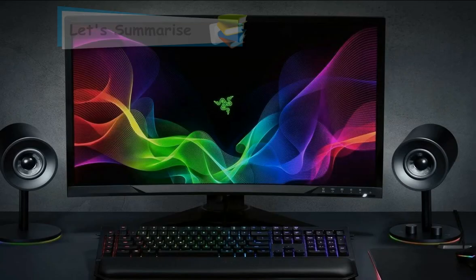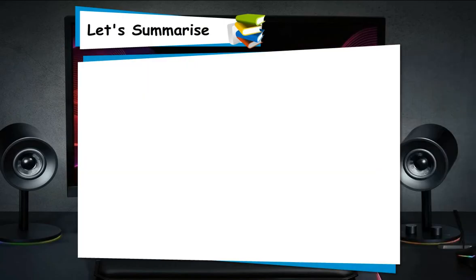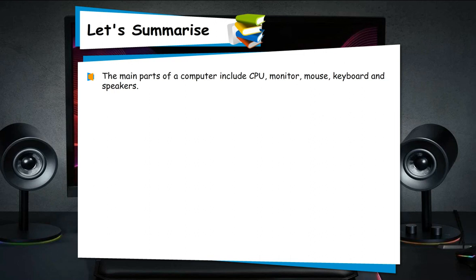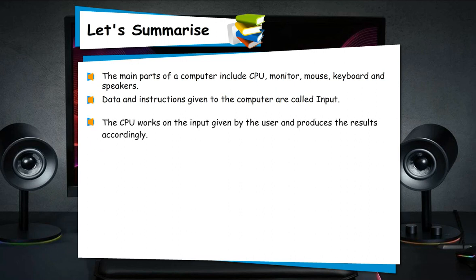Let's summarize. The main parts of a computer include CPU, monitor, mouse, keyboard, and speakers. Data and instructions given to the computer are called input. The CPU works on the input given by the user and produces the results accordingly. The result of the processing is called the output.